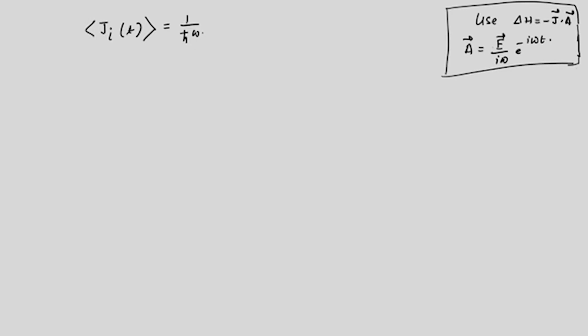Okay. All right. So, if you do that, then the particular component of the current looks like this, and this is equal to 1 over h cross omega, integral from minus infinity to t dt', and the expectation in the ground state |0> of J_i(t') and J_j(t) in |0>, and you have to write the electric field.